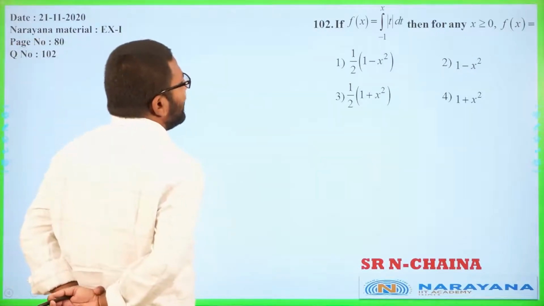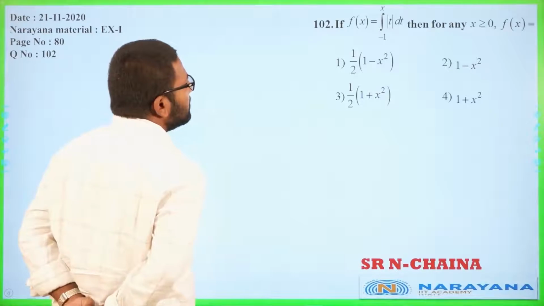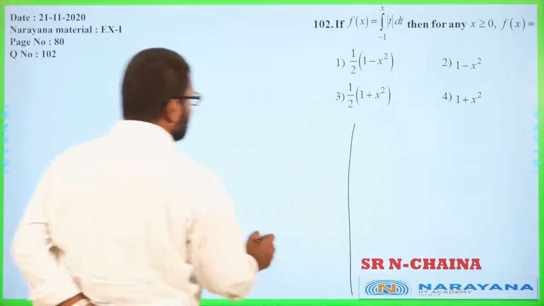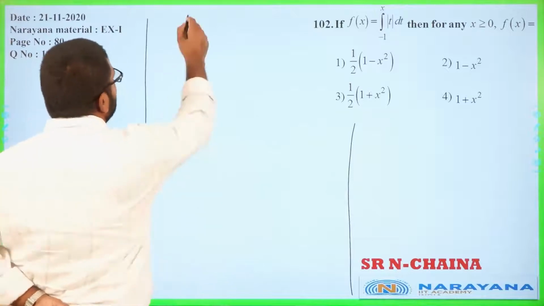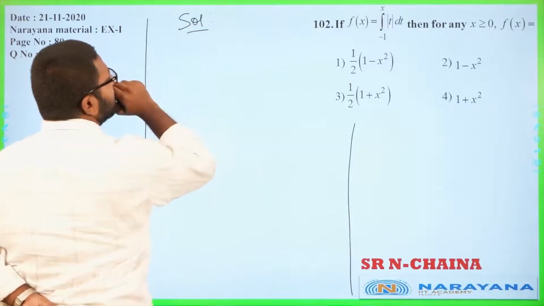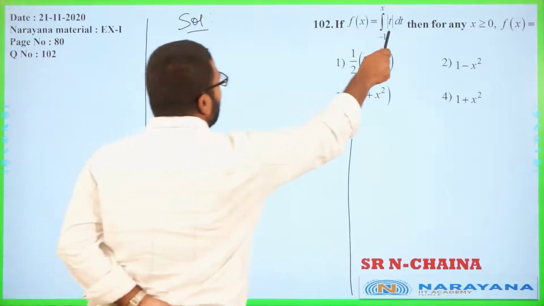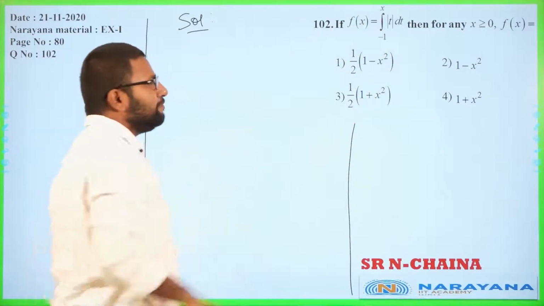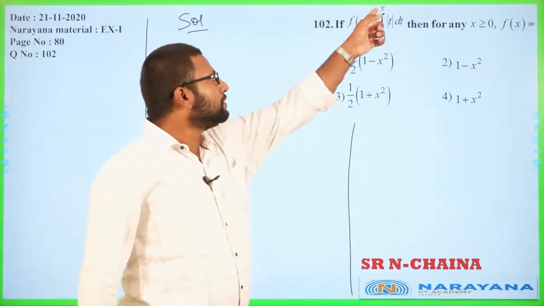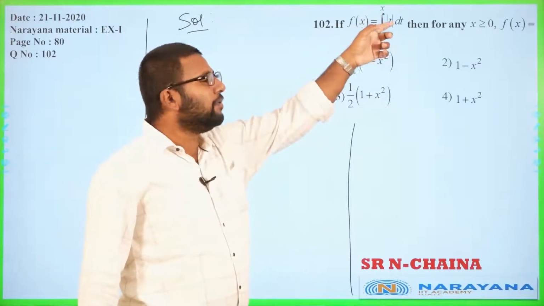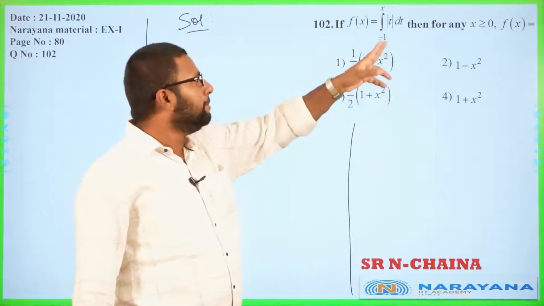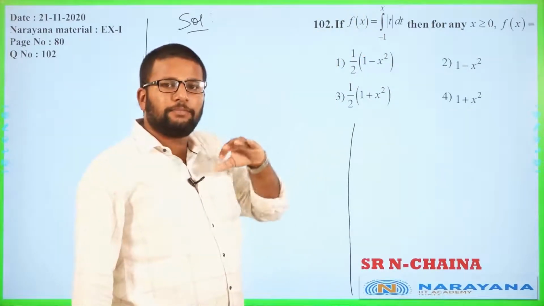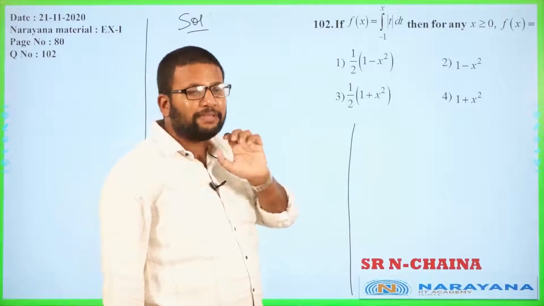F of x equals integral from minus 1 to x of mod t dt. Then for any x greater than or equal to 0, we need to figure out the value of f of x. So essentially we need to integrate this. Now mod t, if x is a positive value, then going from minus 1 to x, mod t will keep changing its sign. But if x is strictly negative, then from minus 1 to that negative value, mod t will behave the same way, right?